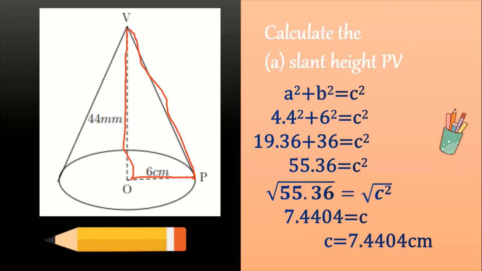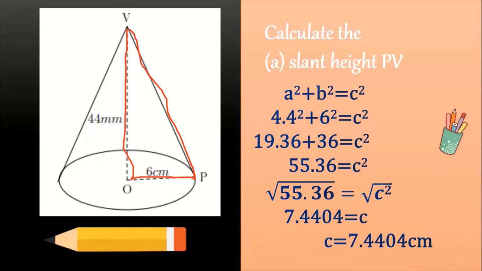The 4.4 squared will give us 19.36, while the 6 squared will give us 36, and this will still be equal to c squared. When we add 19.36 to 36, we get 55.36, which will still be equal to c squared.